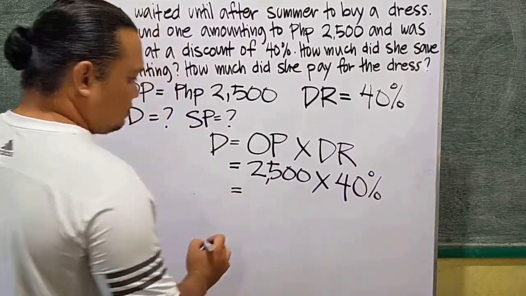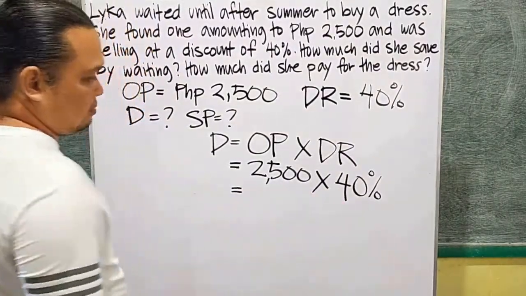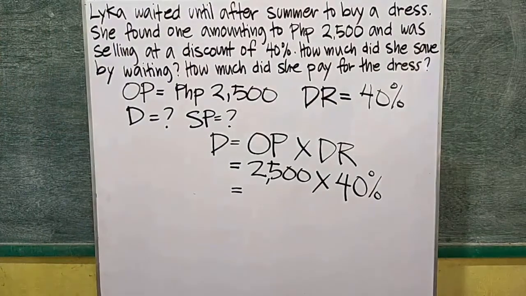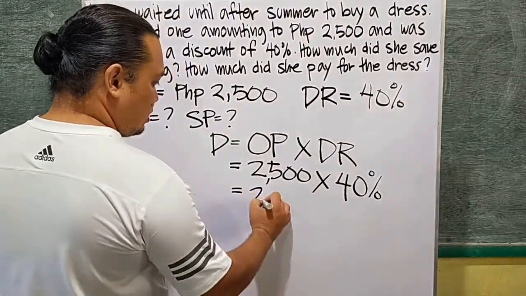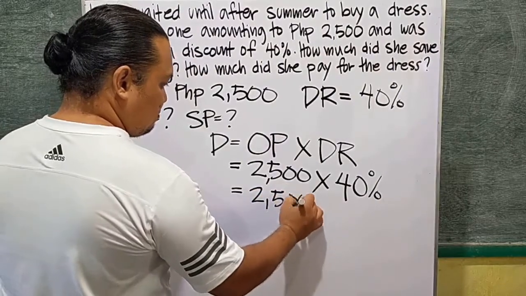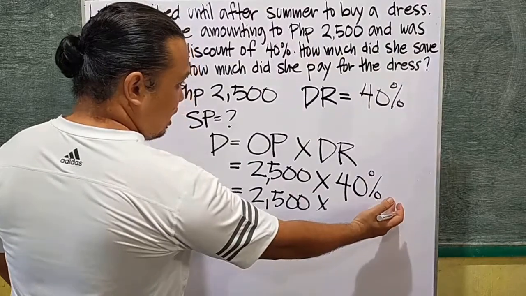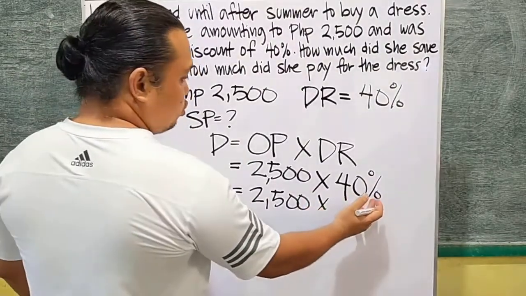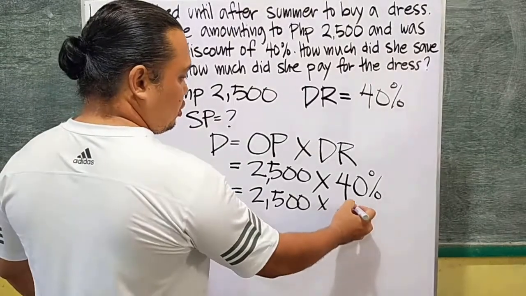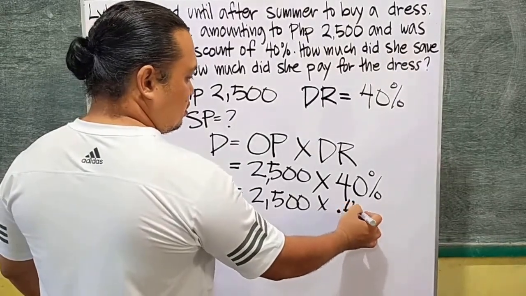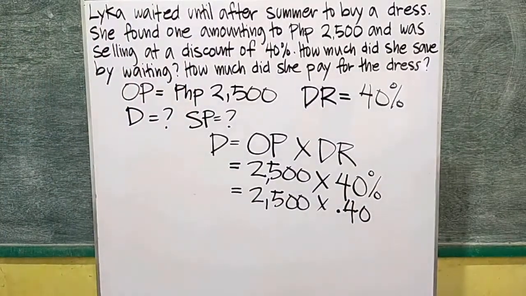We are now multiplying a whole number by a percent. And how do we do that? By changing the percent into a decimal number. So 25, drop the percent, move the decimal point 2 steps to the left. So it becomes 0.40 or 0.4, still the same.